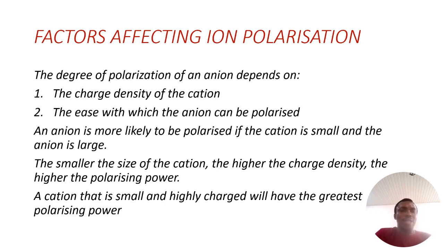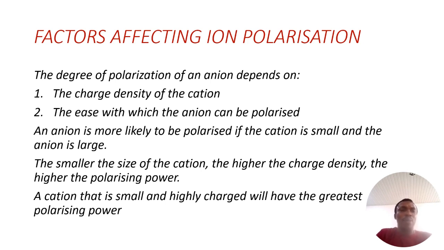The larger the size of the cation, or the larger the ionic radius, the lower the charge density, the lower the polarizing power. If an anion is highly polarized, that means it's highly distorted. The bonds between them are weakened, and it can easily be broken down. So a cation that is small and highly charged will have the greatest polarizing power, while a cation that is large and less charged will have the least polarizing power.